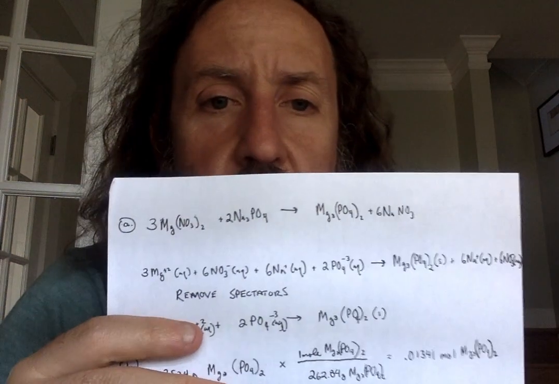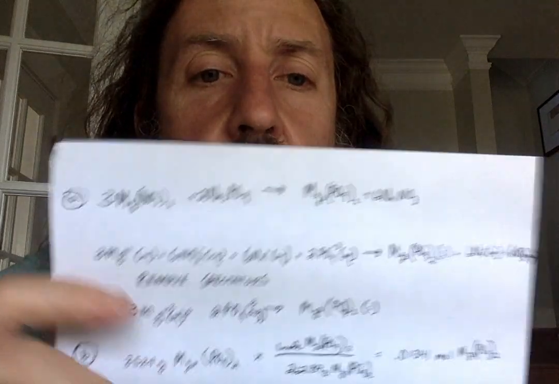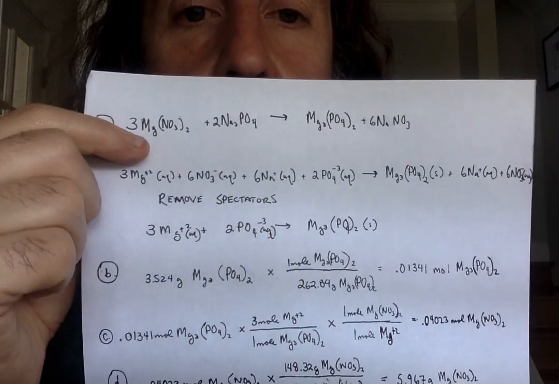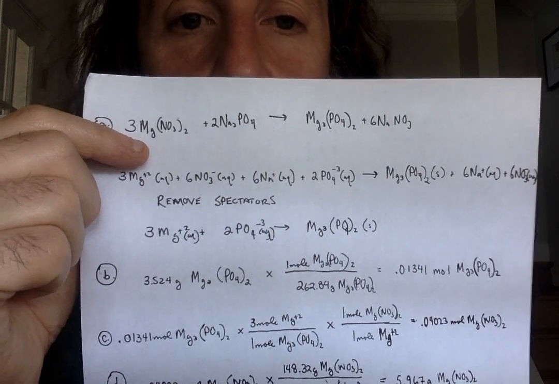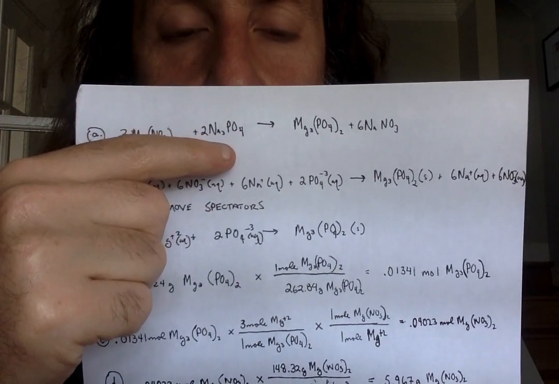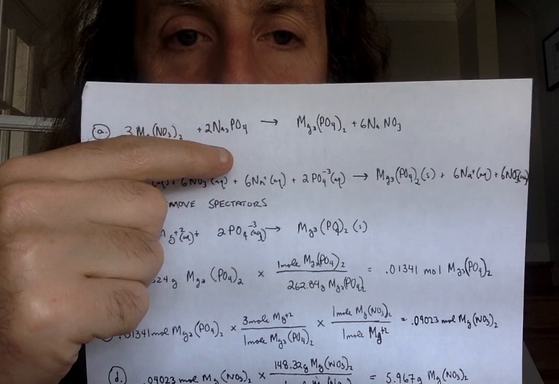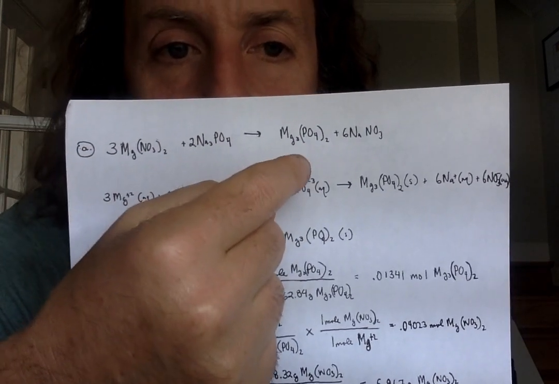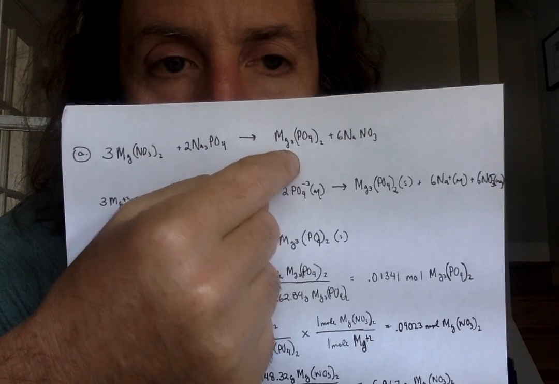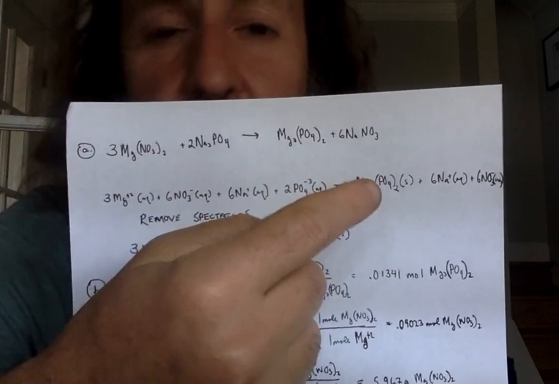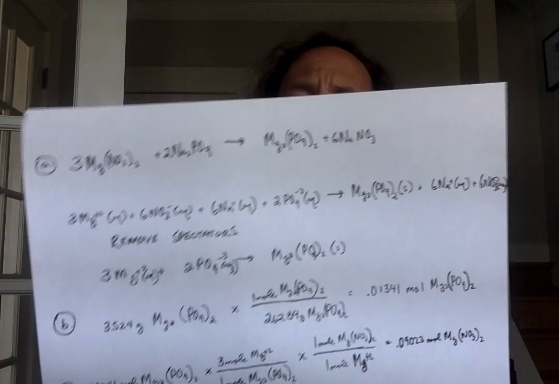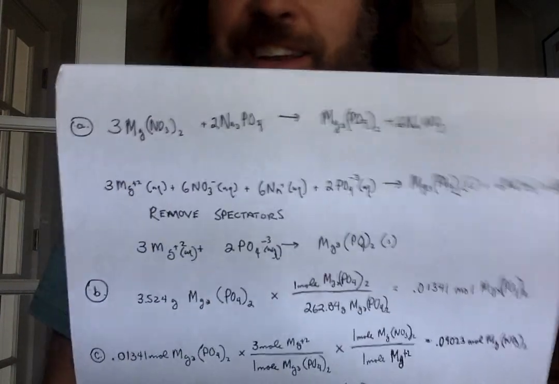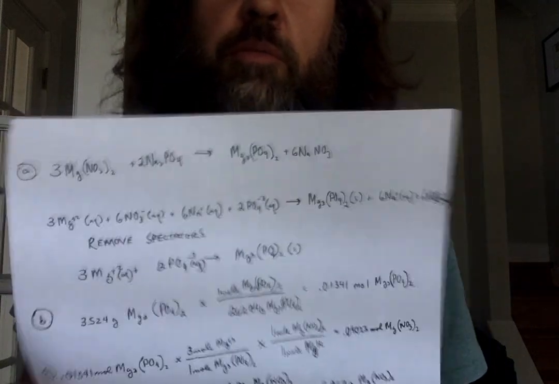This should be old hat for us now. There's our magnesium nitrate, and we're going to be reacting that with sodium phosphate. Sodium nitrate, as we've discussed, is soluble, because anything with sodium is going to be soluble, and anything with nitrate is soluble.